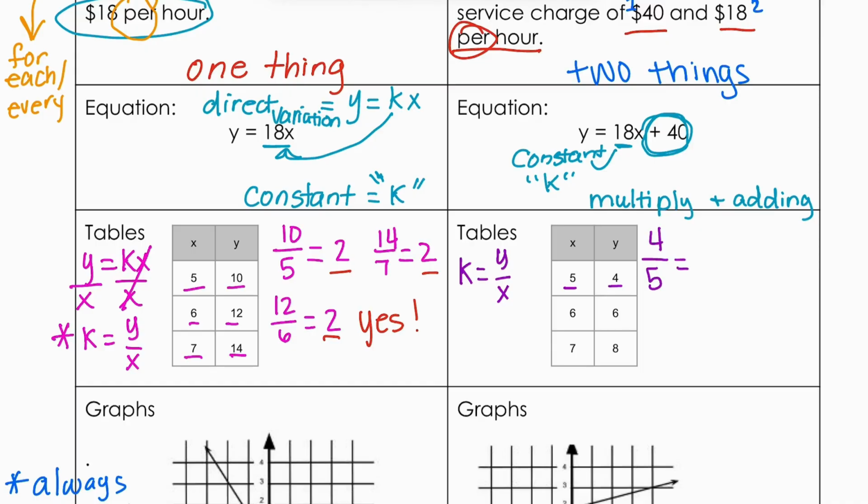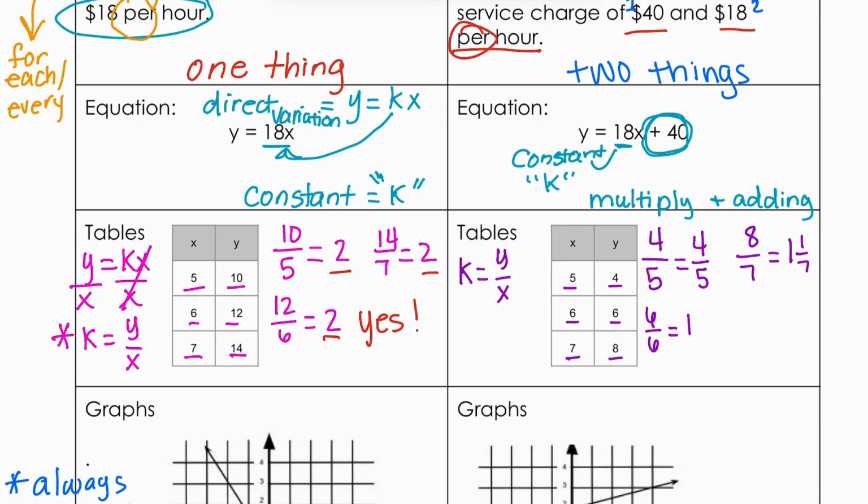No, that is not, so we leave that as 4 over 5. My next y value is 6, x value 6. 6 divided by 6 is 1. I have my y value of 8, x value of 7. 8 divided by 7 is 1 and 1 seventh.